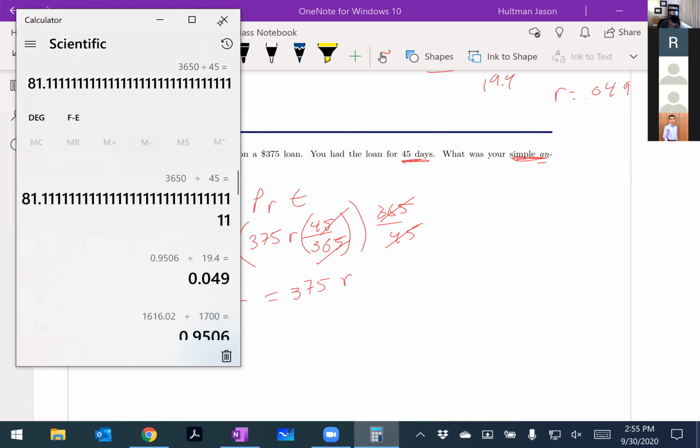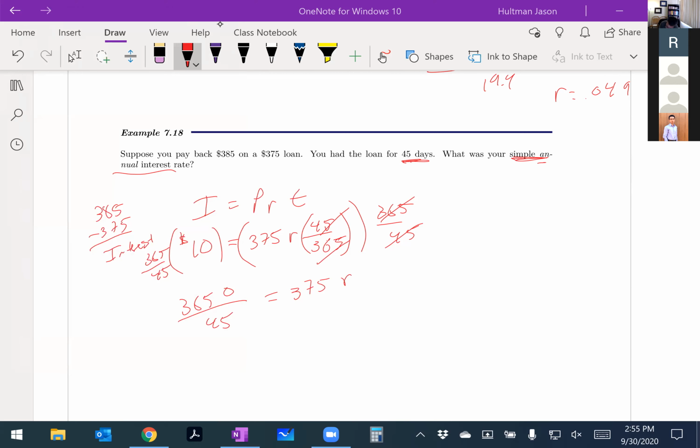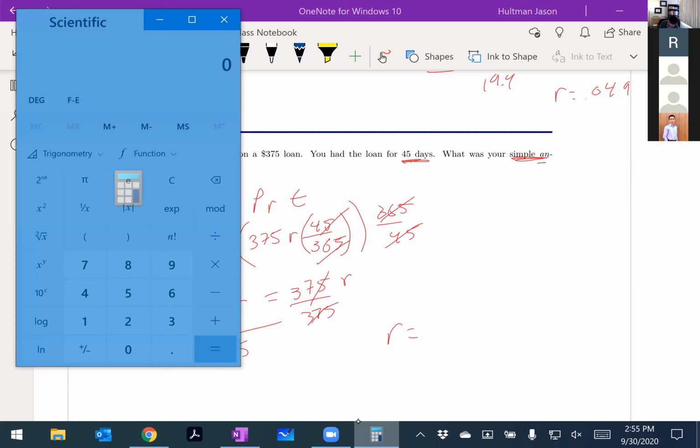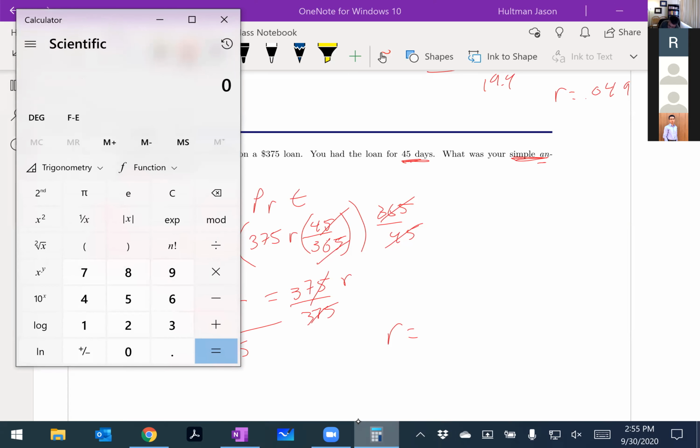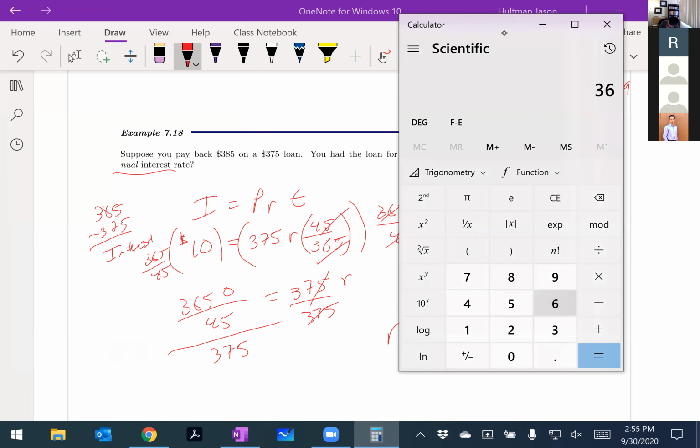Nope, it doesn't. That's fine, I'm just going to leave it like that. Then I'm going to divide by 375, and once again I'm going to get R. We get 3650 divided by 45, divided by 375, and I get 0.216.